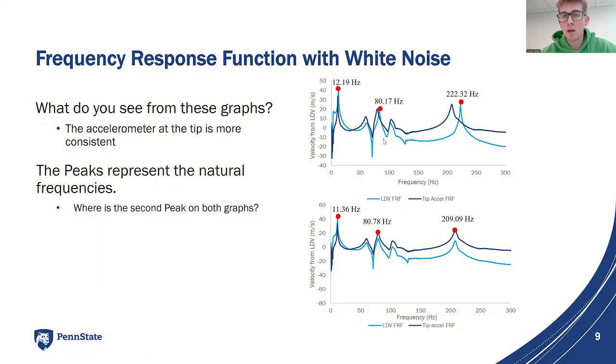For the second one, it might be hard to decipher which one is the second natural frequency, where that is decided through the highest peak, while the ones on the left and the right of this highest peak are the local maximums. The peaks represent the natural frequencies, with the labeled values shown with the red dots and the numbers right above them.